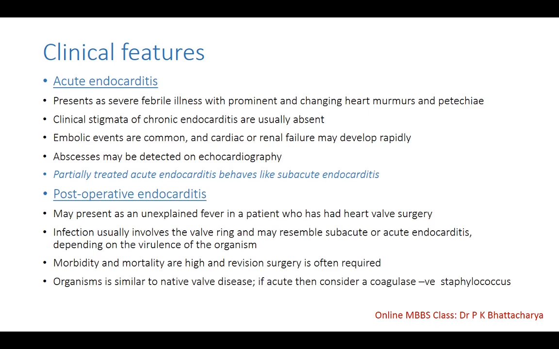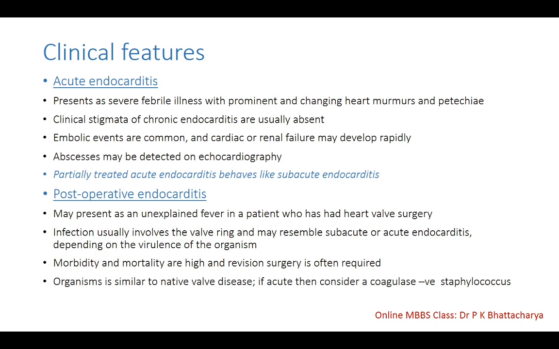What are the clinical features additionally for acute endocarditis? They present as severe febrile illness, not the low-grade indolent fever, but severe, with prominent and changing heart murmurs and petechiae. The stigmata of chronic endocarditis are usually absent, like the clubbing, the anemia, splenomegaly.